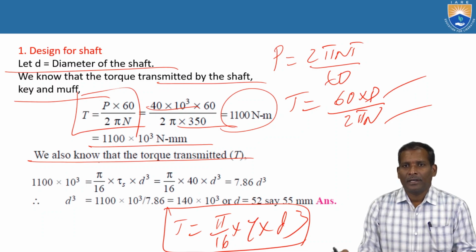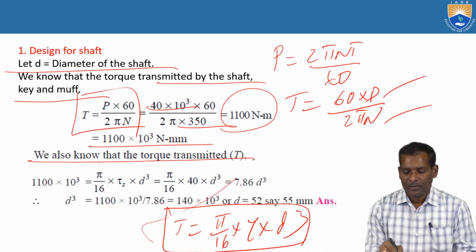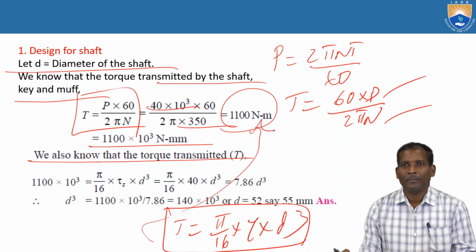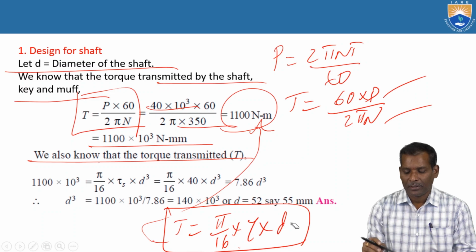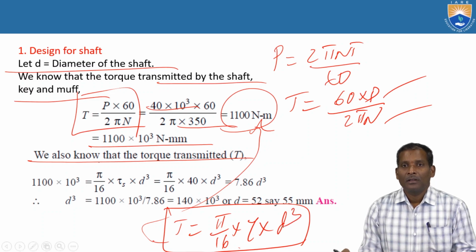The torque we already calculated is 1100 Newton meter. Substitute those values in this equation. The shear stress for the shaft material is given as 40, and the diameter we don't know; we need to calculate the diameter of the shaft. So apply this equation.